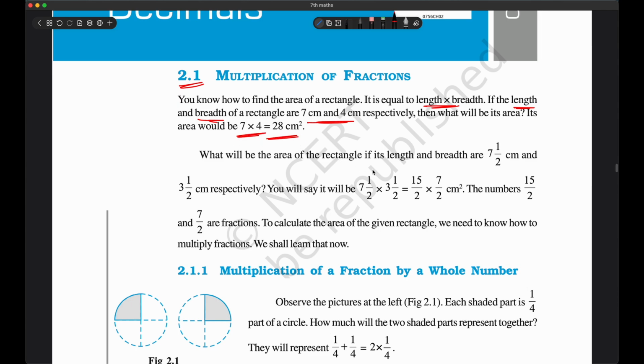But if the length and breadth are of the form of mixed fraction, then to multiply we have to convert it into improper fraction, that is 7 twos are 14 plus 1, 15 by 2, and 3 twos are 6 plus 1, 7 by 2. And now to multiply this, we will multiply 15 into 7 divided by 2 into 2, that is equals to 105 by 4.